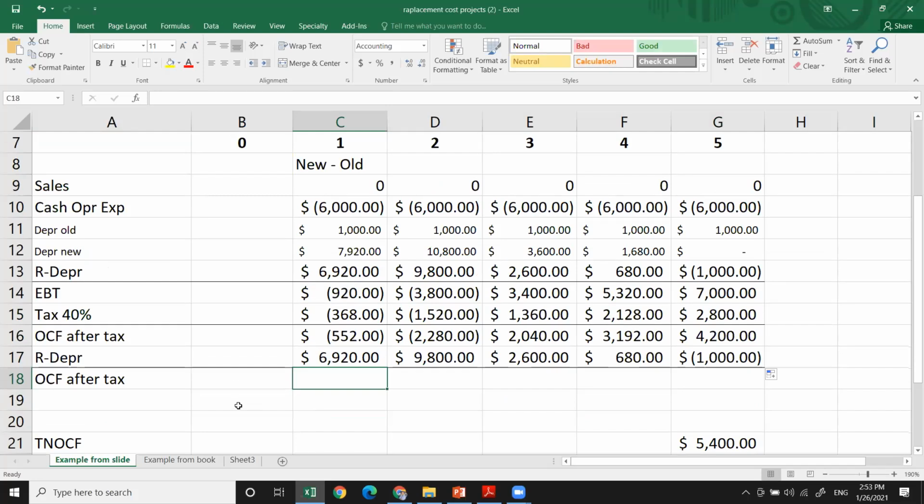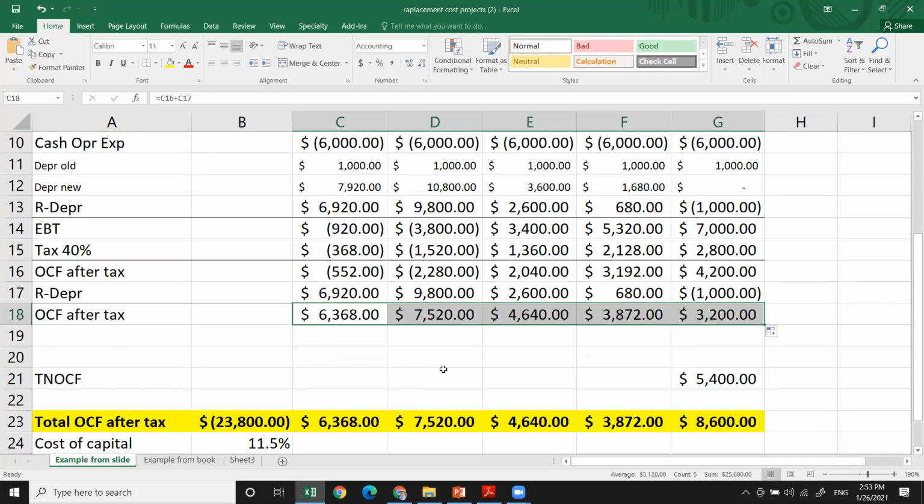And my operating cash flow after tax is this plus this. This is what I get. And I just drag down here everything, investment costs, my cash flow.